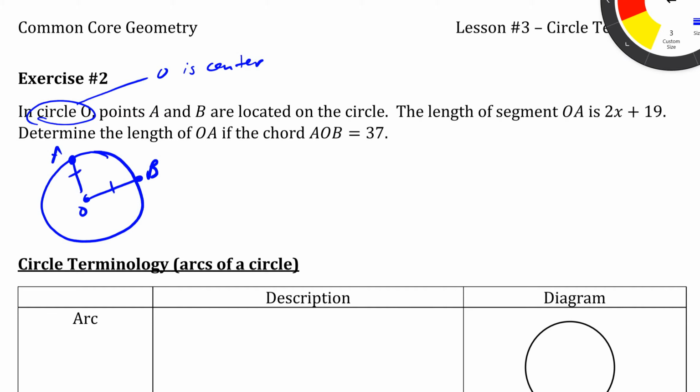It tells us that OA is 2x plus 19, and says determine the length of OA if the chord AOB is 37. So this is actually saying that AOB is on its own chord, meaning that this is the diameter.